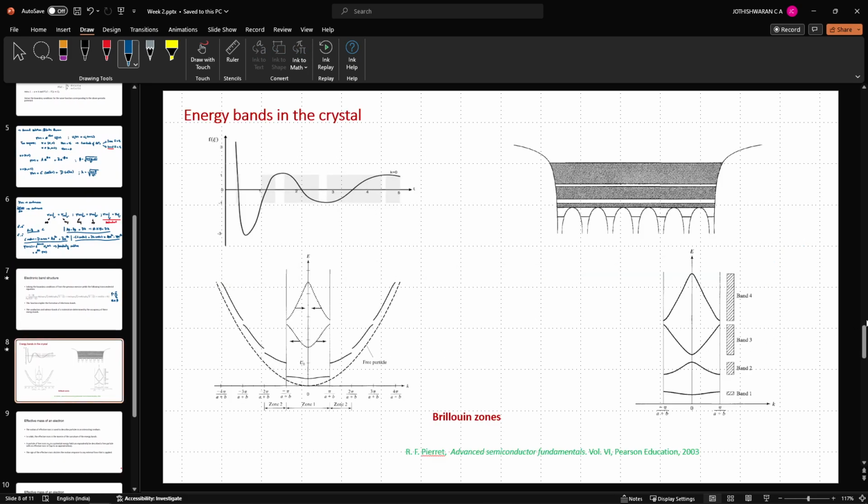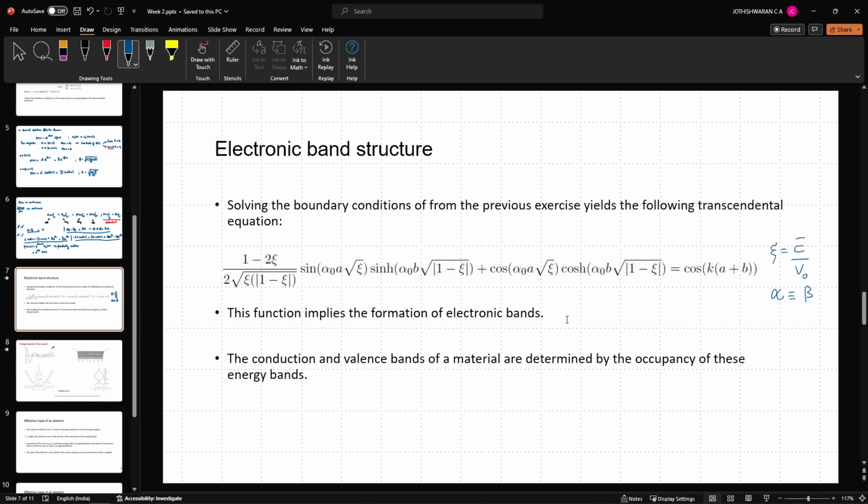Yes. So now this is the transcendental function. So this is the left hand side, if I'm right. Yeah, so this is the left hand side.